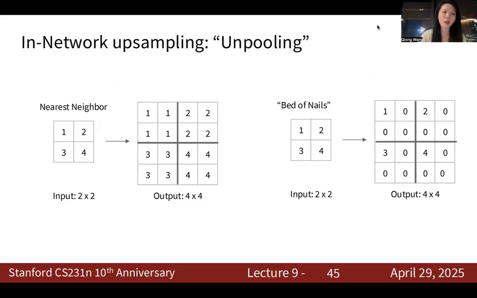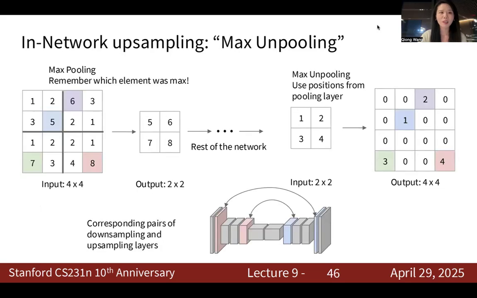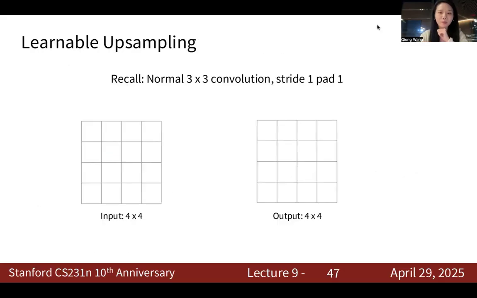The common ways are nearest neighbor and bed of nails. And we also use max unpooling: remember which element was maxed, and max unpooling uses the positions from the pooling layers.